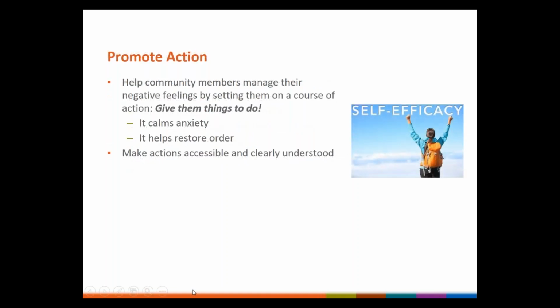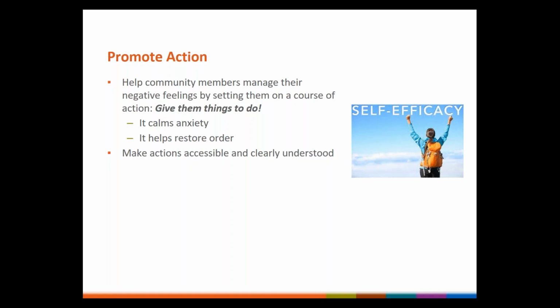And then promote action. Help give people simple tasks to gain back a sense of control. Even those who do not need to take immediate action will be looking at recommendations and possibly vicariously rehearsing them. So if you give people step-by-step instructions during a crisis, it helps calm their anxiety and helps restore order.